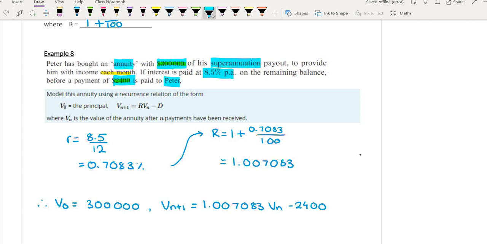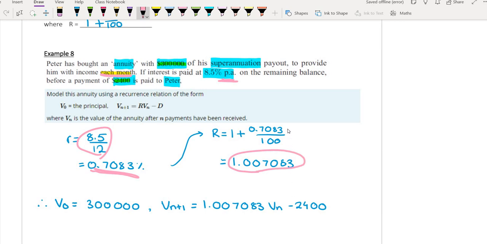So obviously we can put this into a recurrence relation, and because we're given the interest rate per annum, we'll divide this by 12 because we're getting it every month, and when we divide it by 12, this is the value that we get. As decimals, we can represent it like this.